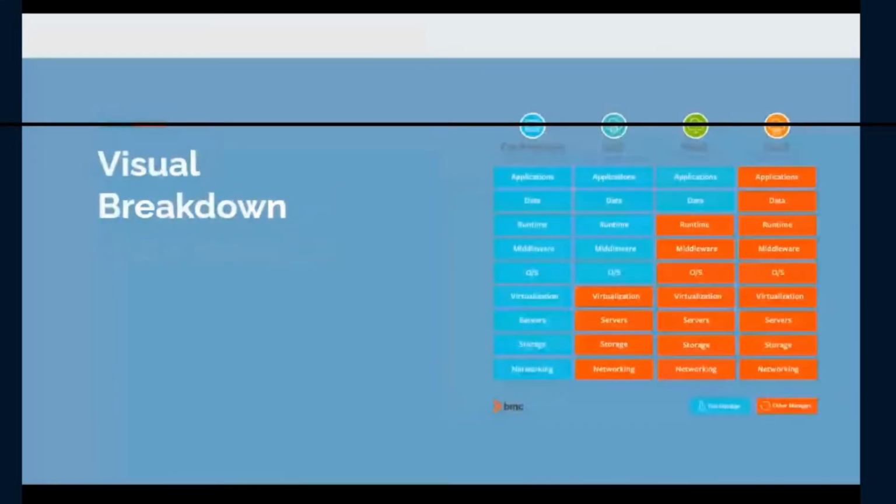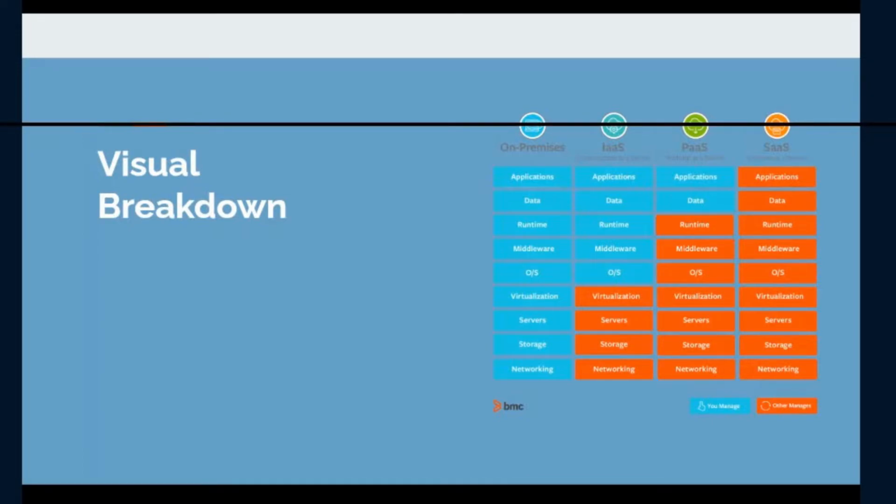So, a visual breakdown. On premises, it's the same thing: application, data, runtime, middleware, OS (operating system), virtualization, server, storage, networking.